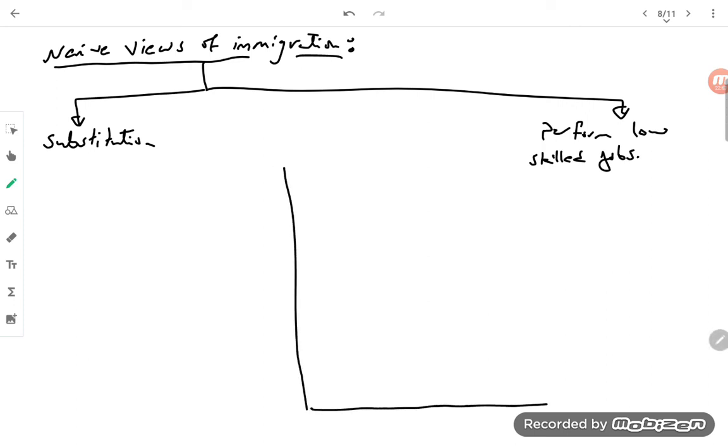This can be illustrated or explained using supply and demand curves. This is the demand for labor in any country. And this is the domestic supply curve.